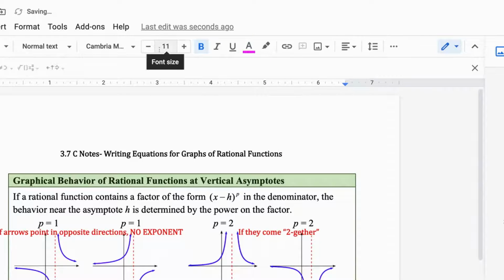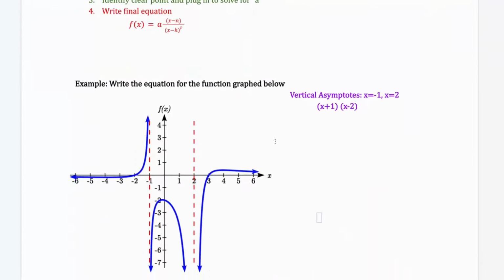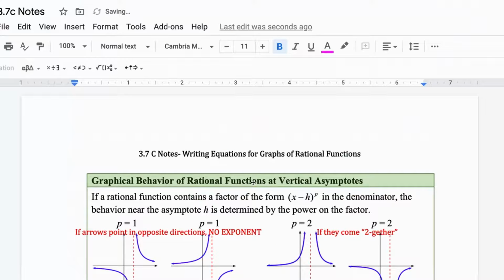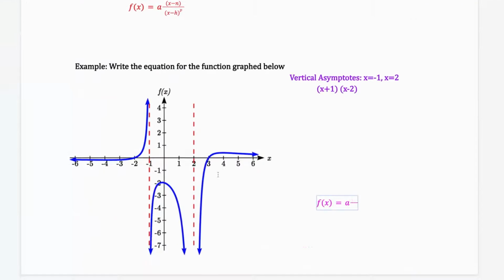Yellow. Let's insert an equation. So far our equation is f of x equals a. I guess I could just zoom out. And then in the bottom right now, so far we're going to have x plus 1, x minus 2.